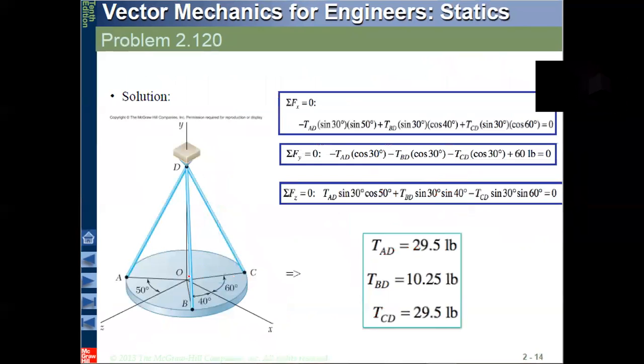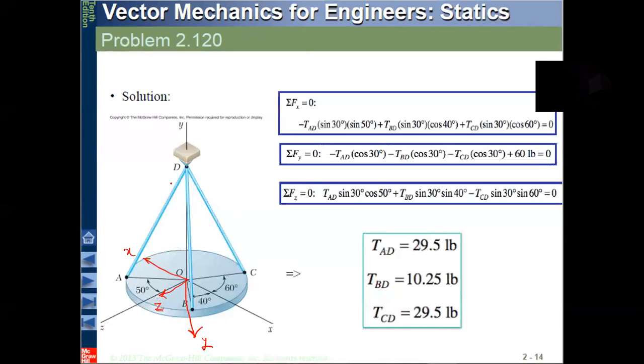So let's first write the equilibrium equation in the x direction. Well, let me show the positive signs here. This is the positive sign in x. This is the positive sign in y, and this is z.